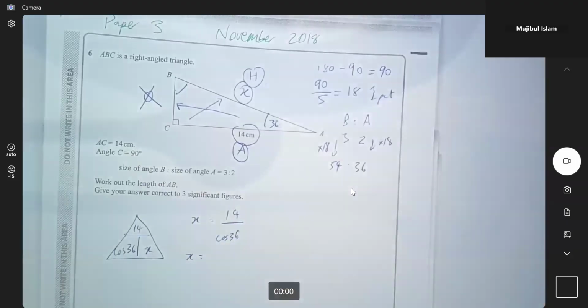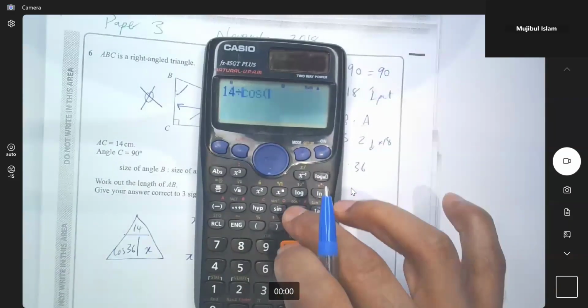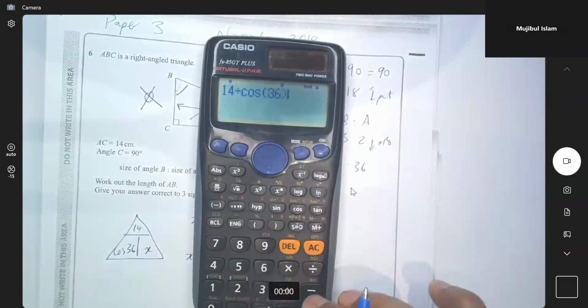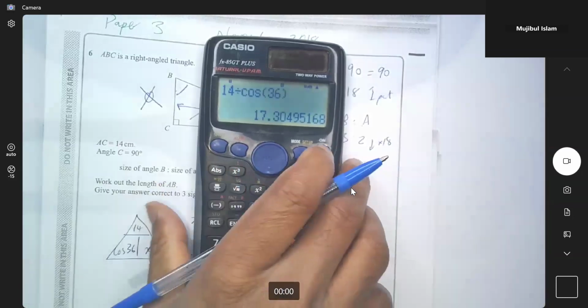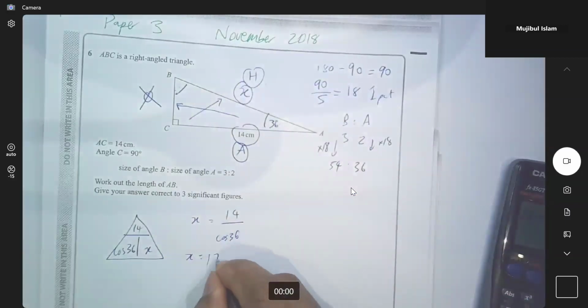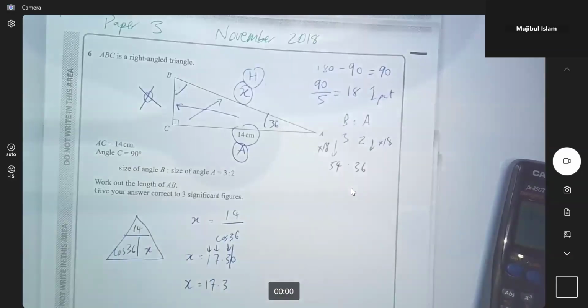Put that in your calculator: 14 divided by cos 36, 17.30, and to three significant figures, 17.3.